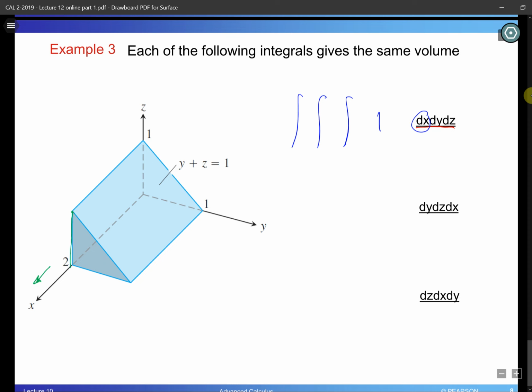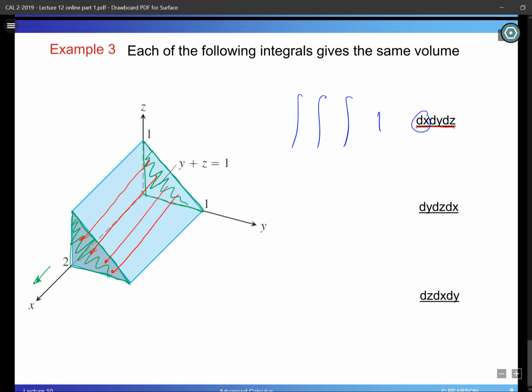You can say that this is the top surface and this is the bottom surface. Okay, two surfaces here, and with these two, x is going to sweep from this surface to this.